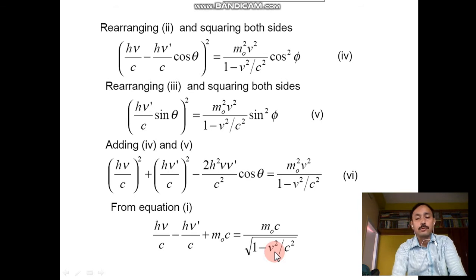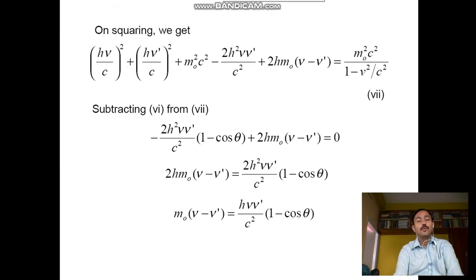Squaring both sides of this equation, we will get (h nu by c) whole square plus (h nu dash by c) whole square plus m naught square c square minus 2h square nu nu dash by c square plus 2h m naught (nu minus nu dash) is equal to m naught square c square by 1 minus v square by c square.